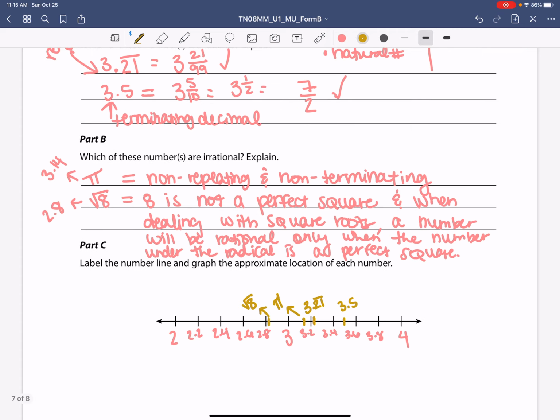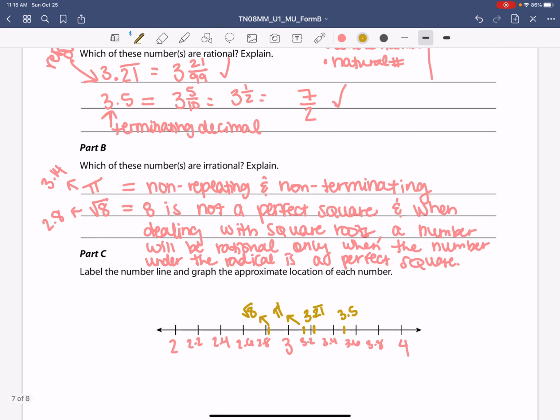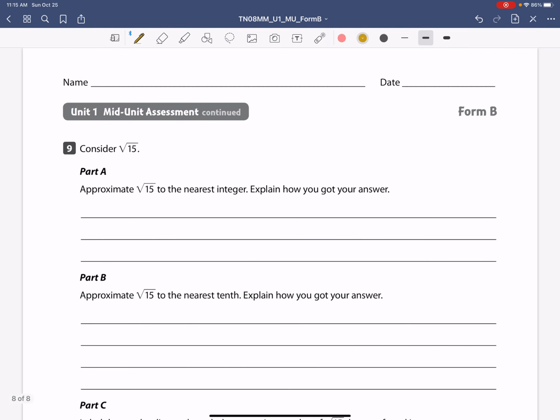Then we'll move on to the last page, to answer questions 9 and 10. Consider the square root of 15. Approximate the square root of 15 to the nearest integer and explain how you got your answer.